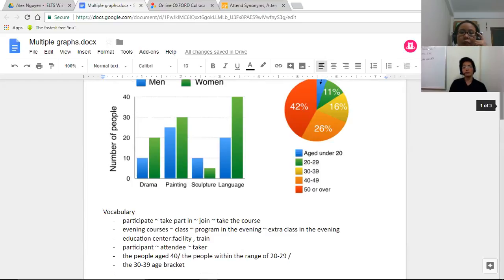And I'm thinking about a way to use by half. Is there a way we can try to embed that phrase into our sentence? What about half? Yes, half as many.